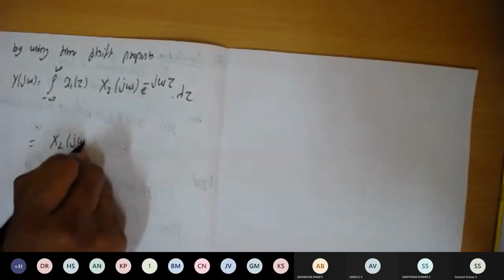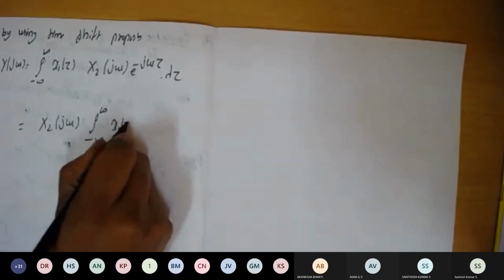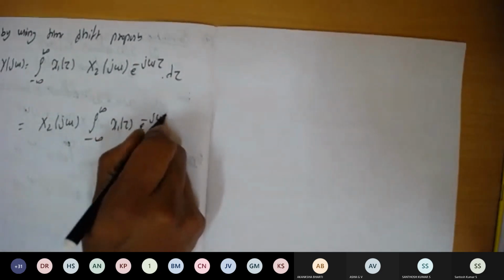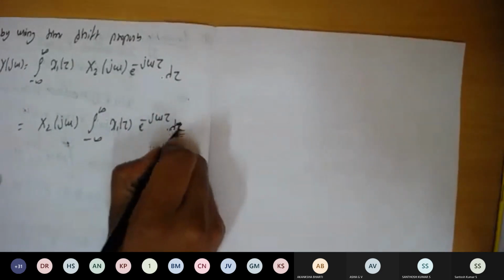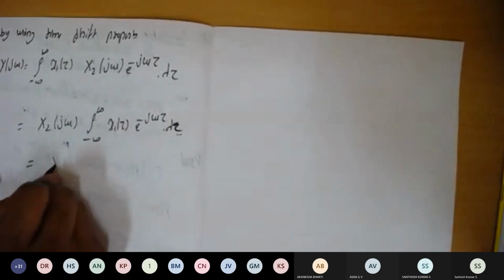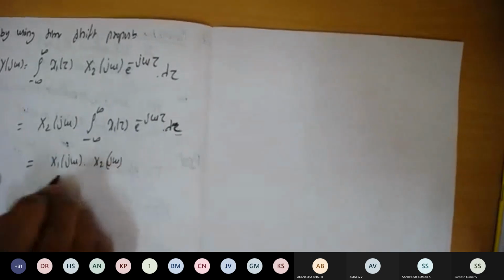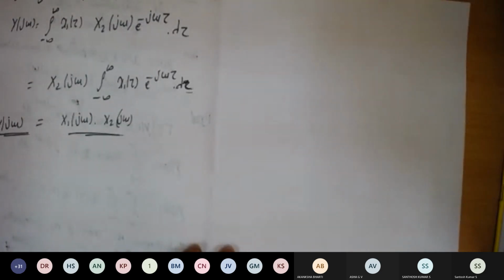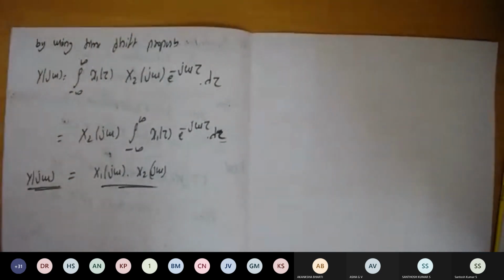The remaining quantity, the integral from minus infinity to plus infinity of x1 of tau into e to the power of minus j omega tau d tau, is the Fourier transform formula in terms of tau. So it can be written as x1 of j omega multiplied with x2 of j omega. That is, convolution in the time domain is equivalent to multiplication of their respective Fourier transforms. This is called the convolution property of the Fourier transform.